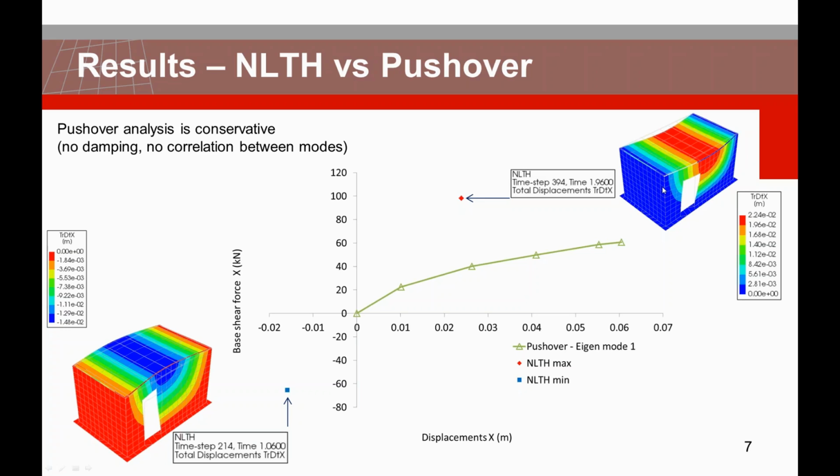In DYANA you can output the drift, which is the displacement in relation to a reference that you can set. In this case, our reference for the drift is the base. If you see these results, you can see that the pushover analysis is conservative, so we don't have damping, we don't have the correlation between the modes.